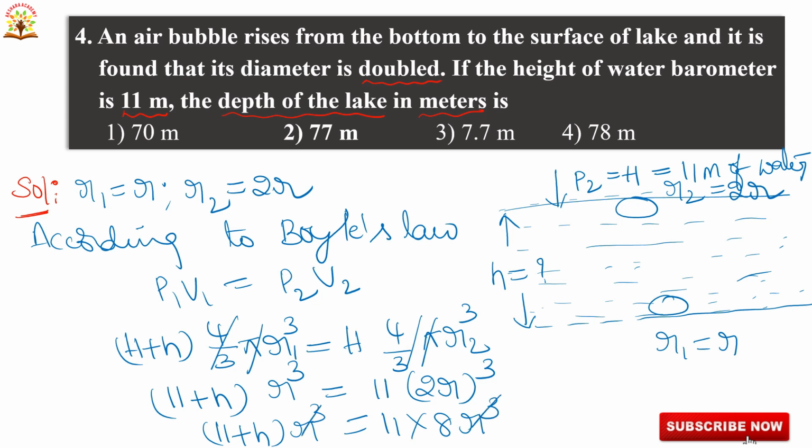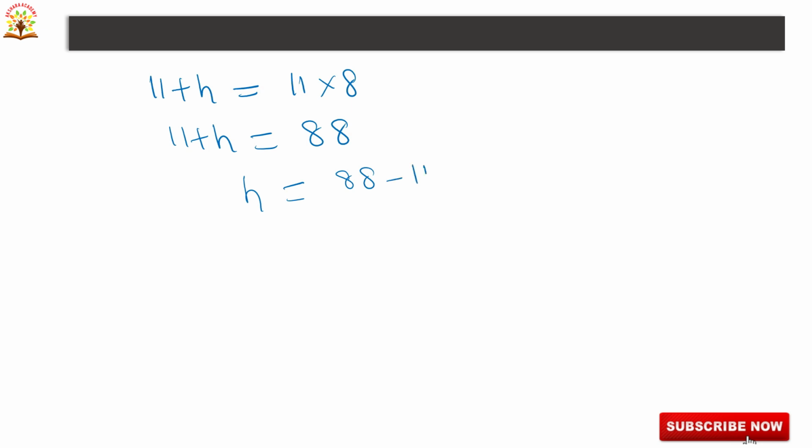R cube cancels. 11 plus h is equal to 11 times 8, which is 88. So h is equal to 88 minus 11, so h is equal to 77 meters.